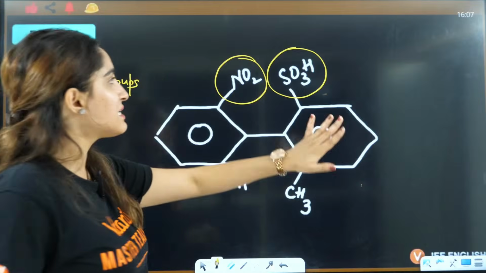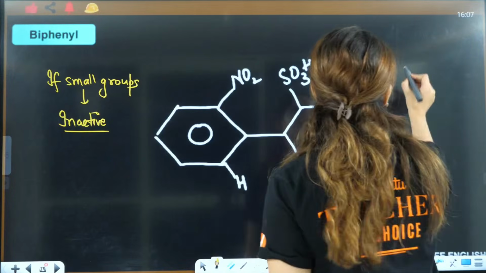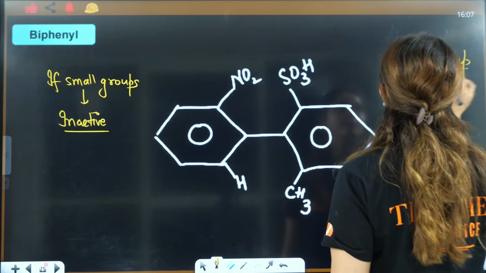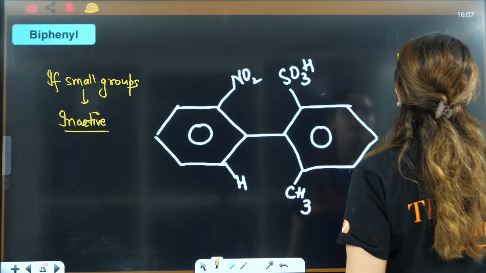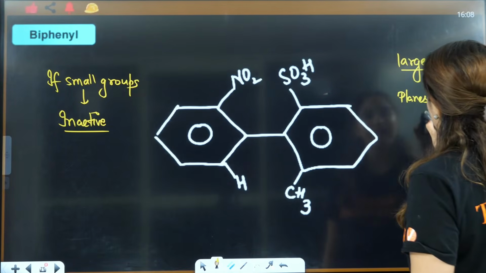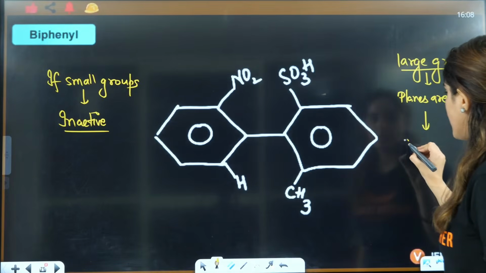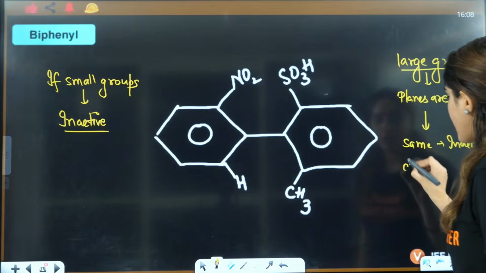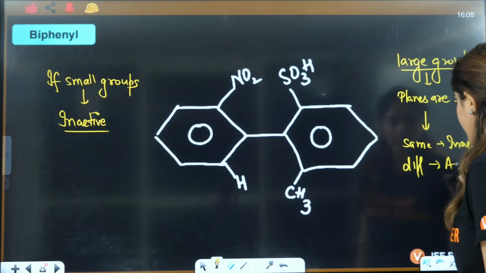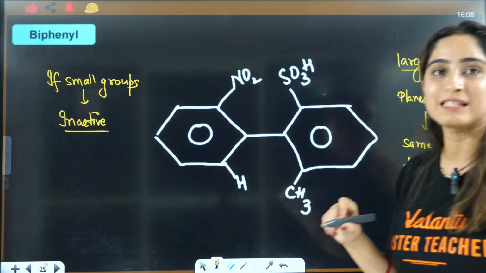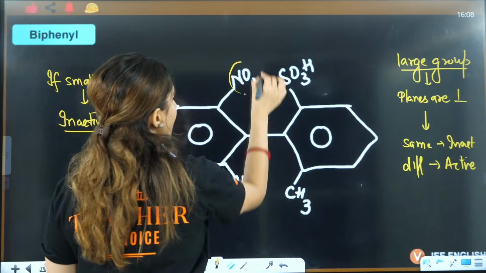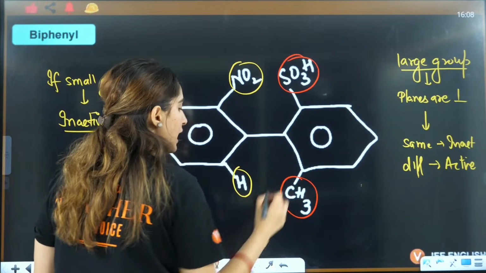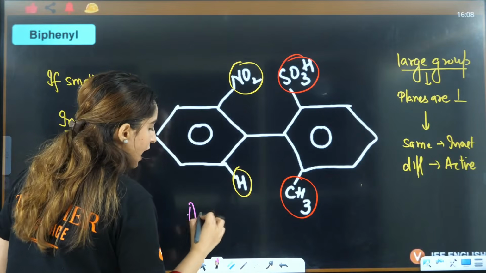So you will have to see: same means inactive, and if you have different substituents, that means it is active. Here we are talking about the sides. If on the same side you have different substituents, and here also you have different substituents, that means it is an optically active compound.